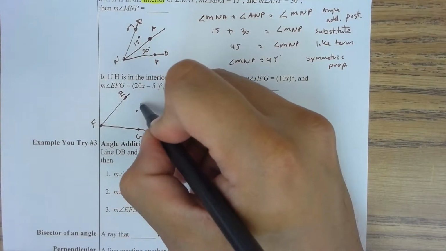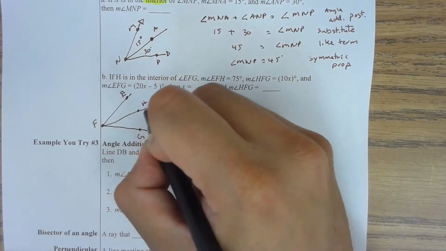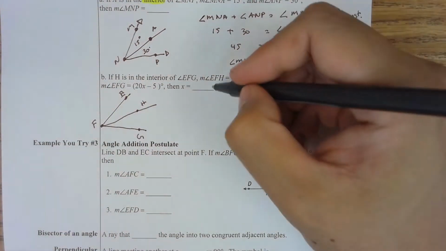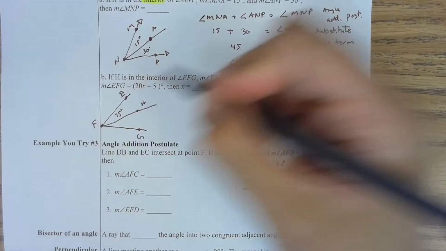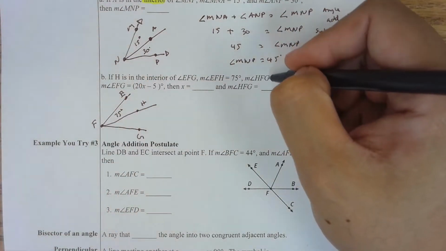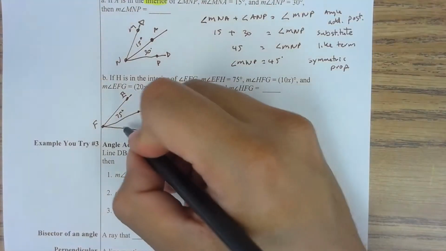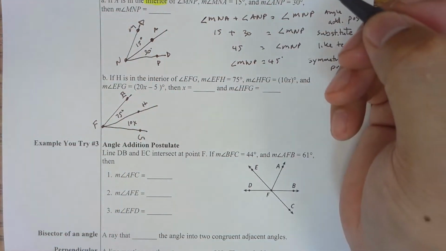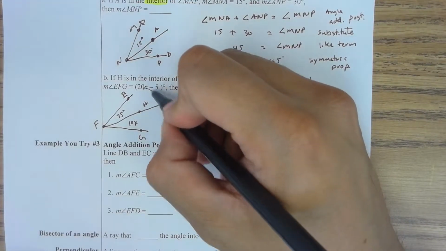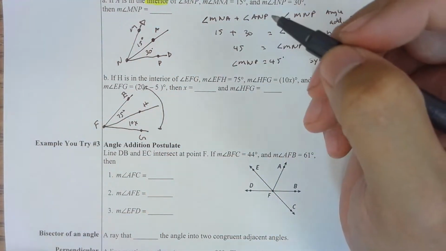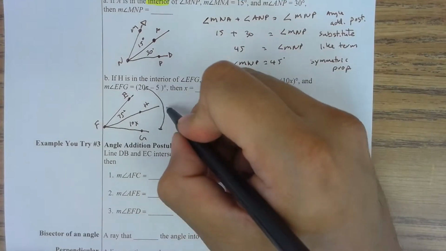So here, H. EFH is 75. HFG is 10x. And this whole thing, from here to here, is 20x minus 5.